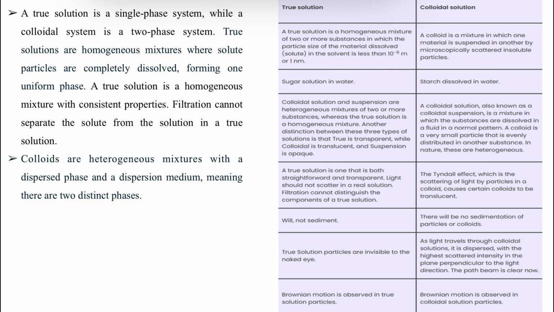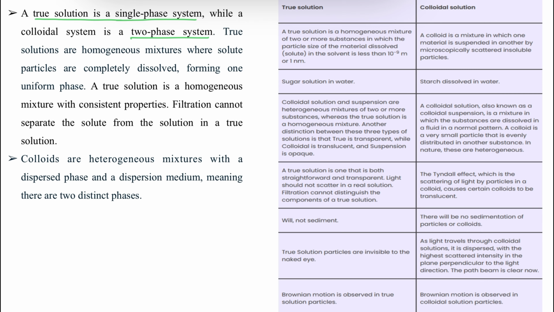A true solution is a single phase system, while a colloidal solution is a two phase system. True solutions are homogeneous mixtures where solute particles are completely dissolved, forming a uniform phase with consistent properties.